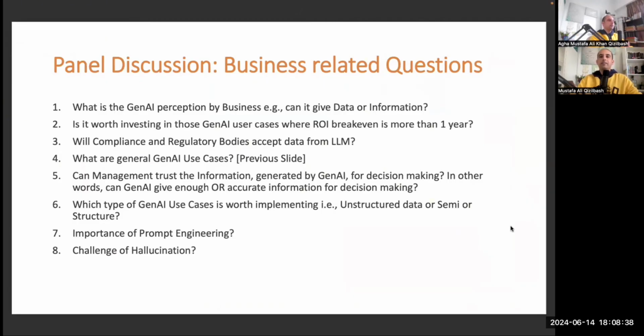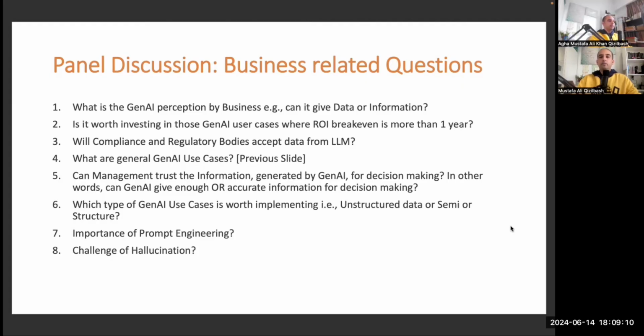And what is the right ROI break-even time, which will give us the opportunity to go into a GenAI use case? What do compliance and regulatory bodies say about LLM outcomes? Because in an LLM, everything goes into one place, how can privacy be tackled? What are the GenAI use cases currently in progress in the world, and how does management trust data coming out of GenAI? That we'll be discussing.